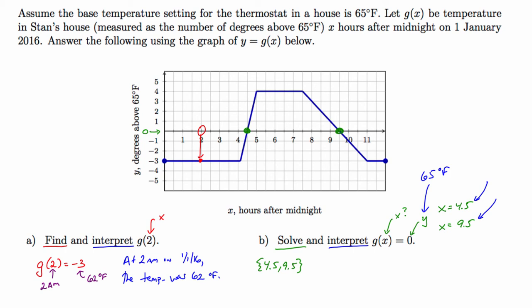Again, the x values represent the hours after midnight, so 4.5 hours after midnight would mean 4:30 a.m., and 9.5 hours after midnight would represent 9:30 a.m. So to interpret this, we could say the temperature was 65 degrees Fahrenheit at 4:30 a.m. and 9:30 a.m. on January 1st, 2016.